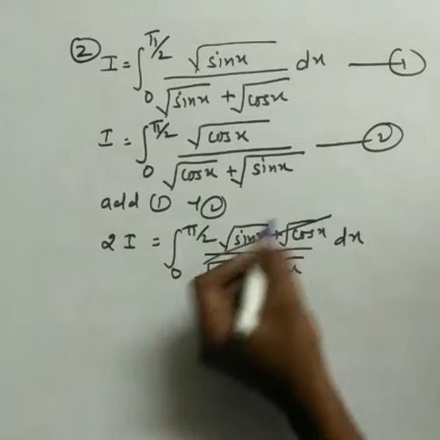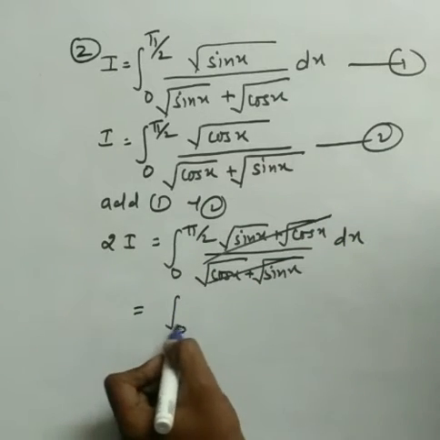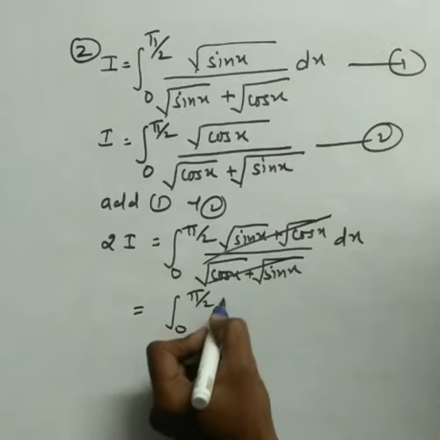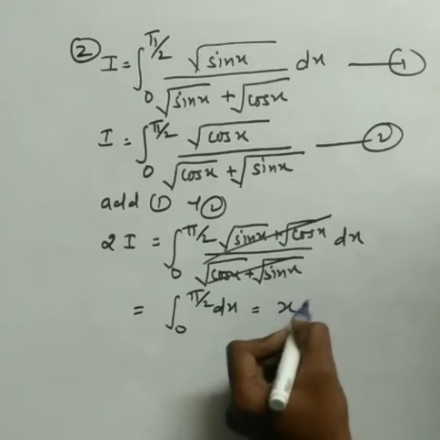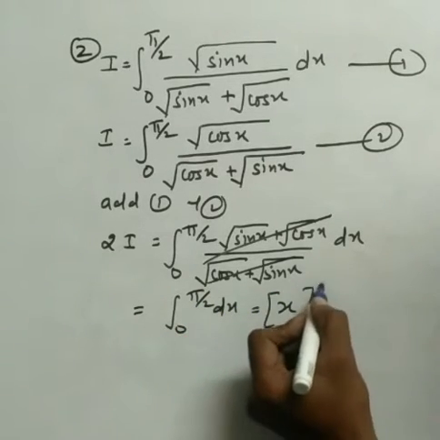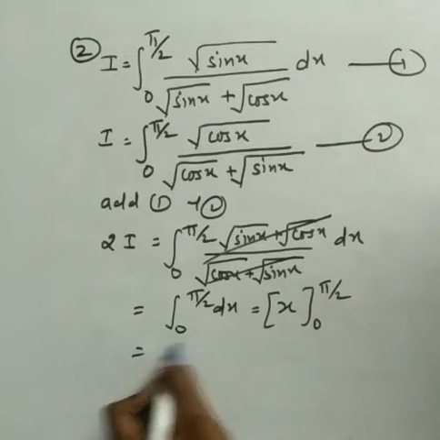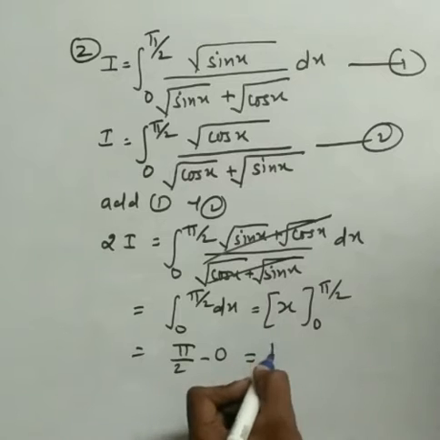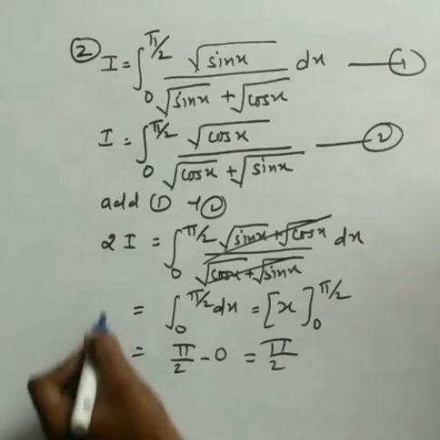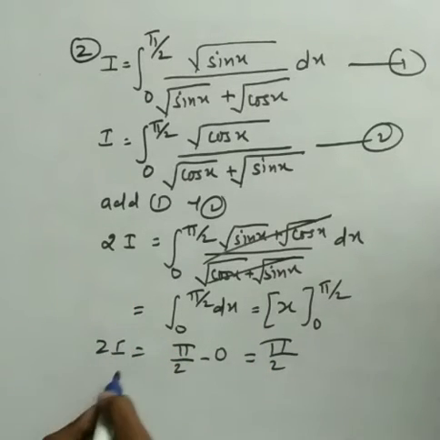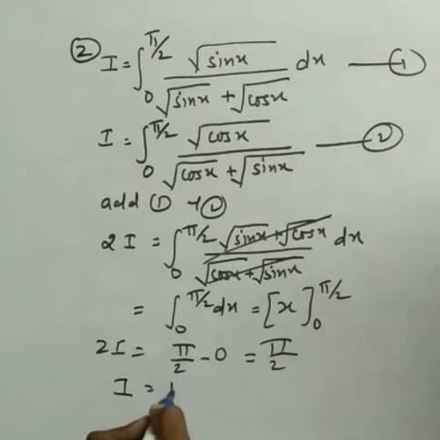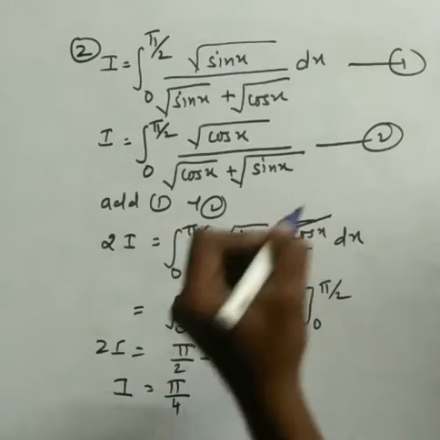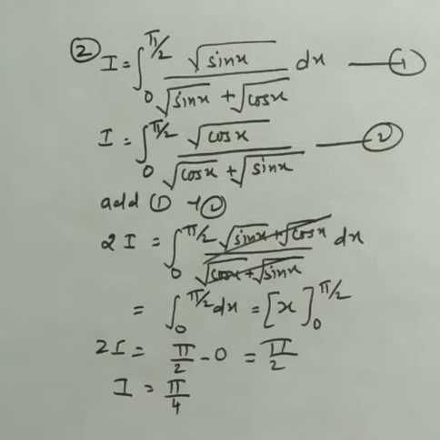Cancel these two, it becomes 1. So integral from 0 to pi by 2 of dx. Integration is x, limit from 0 to pi by 2. Put pi by 2 here, pi by 2 minus 0, which is pi by 2. Shift this 2 to the right hand side, we get I equal to pi upon 4. This is the answer.